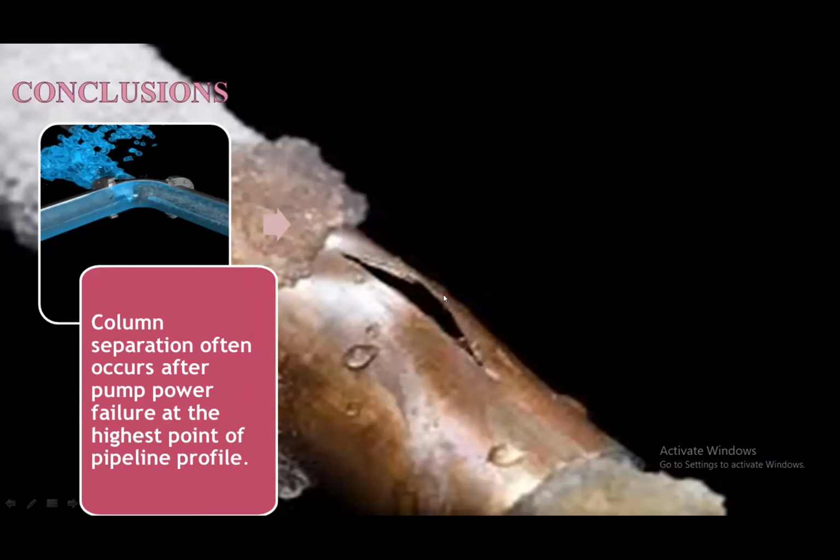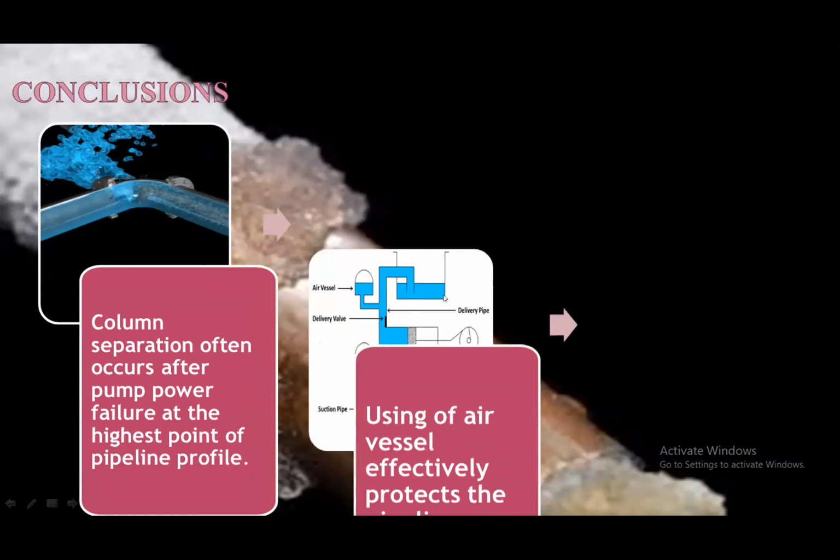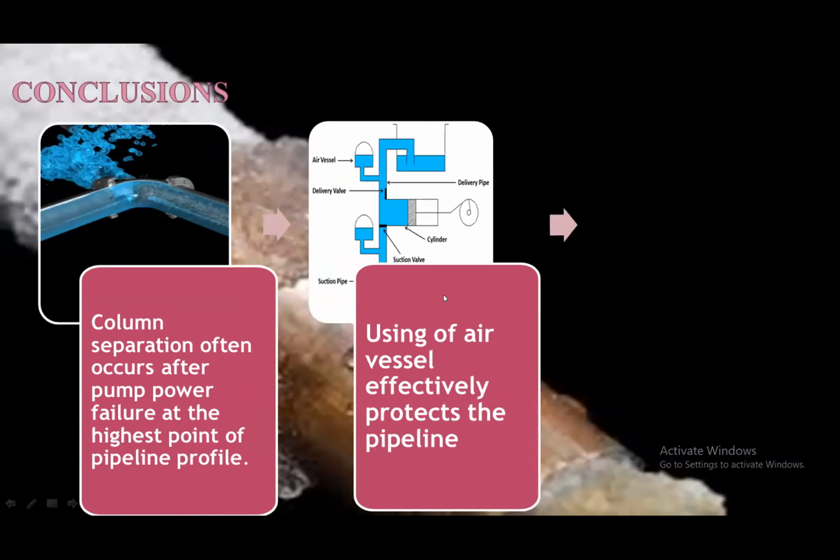We talked about the possibility of water column separation happening, and of course, it often occurs after pump power failure at the highest point of the pump pipeline profile. Using an air vessel effectively protects the pipeline.